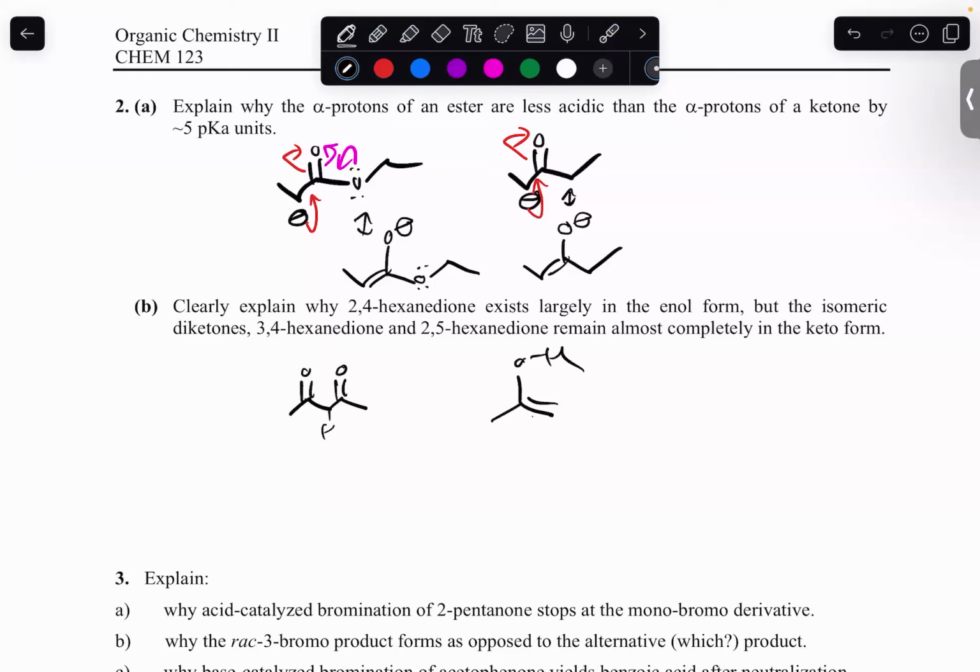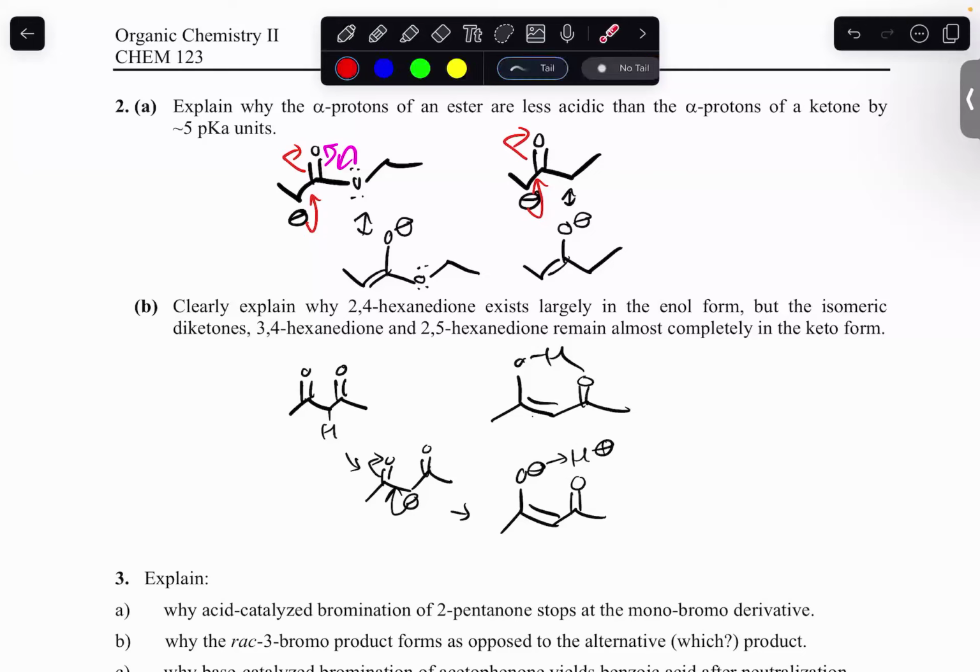So first, this gets deprotonated into the negative charge, and the negative charge can do resonance there, and then this could grab a hydrogen to get to this enol form that can do that hydrogen bond, like you said. And it's also conjugated. H bond here, conjugation here. And the isomeric diketone, 3,4-hexanedione.